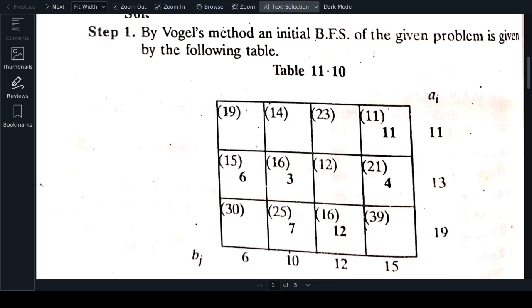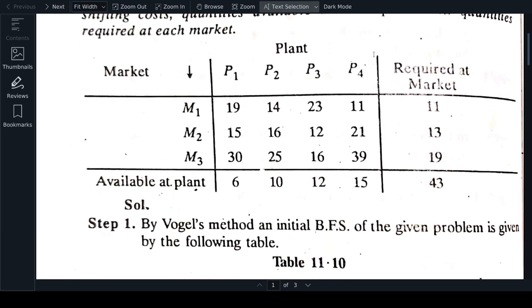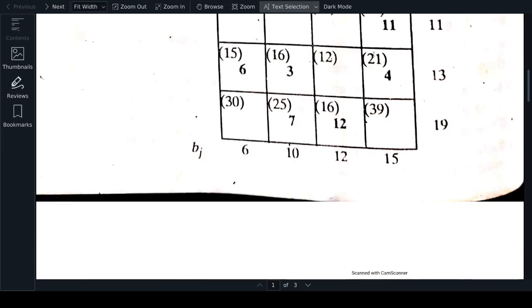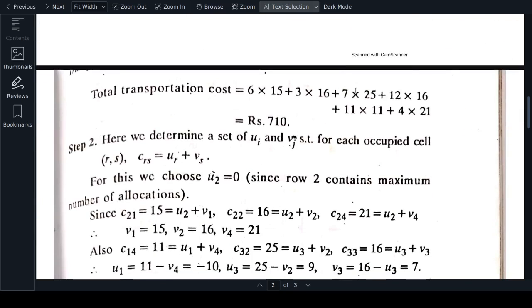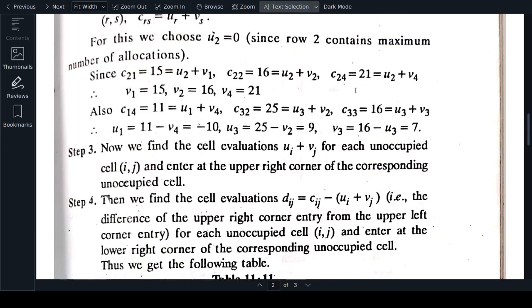Second is 14. So penalty is 14 minus 13, the difference, which is 1. In this way, second row, third row, similarly first column, second, third, fourth column, you find out the penalties.